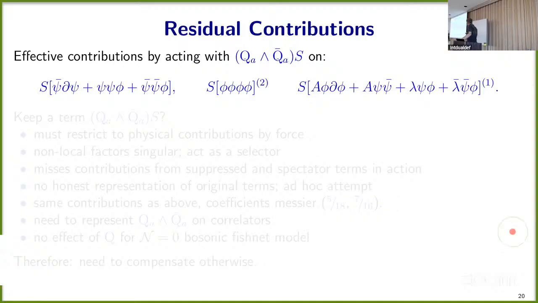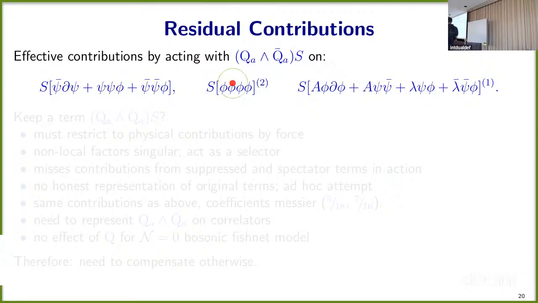Right. So here's how these contributions work. What kind of contributions do you need from this extra symmetry term? You can act on the actual fishnet model action, and this produces some terms which do contribute.